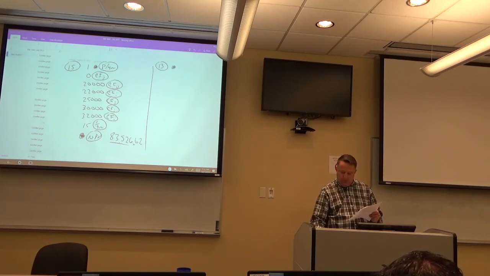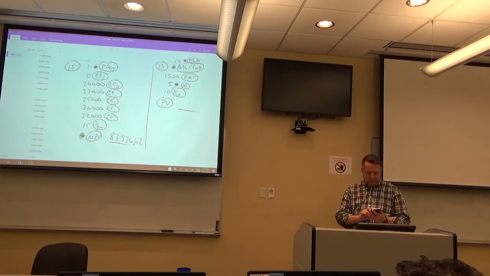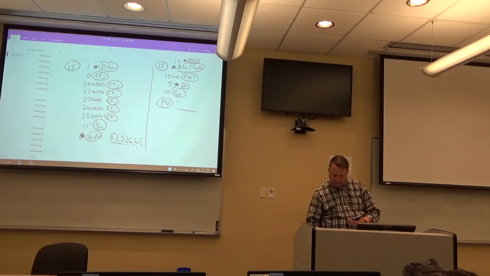Okay, once again, this one's going to be annuity due, so begin mode. $1,500, and this is going to be monthly. $1,500 as our payment. 5 years. 10% discount rate. And simply solve for present value. $71,186.37.